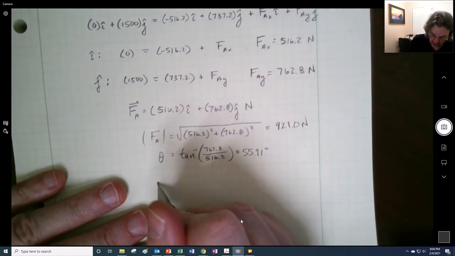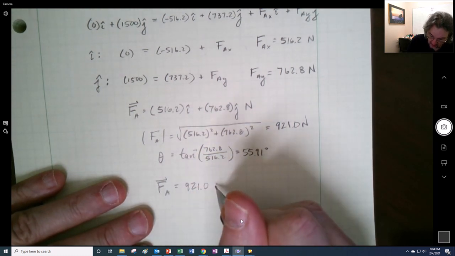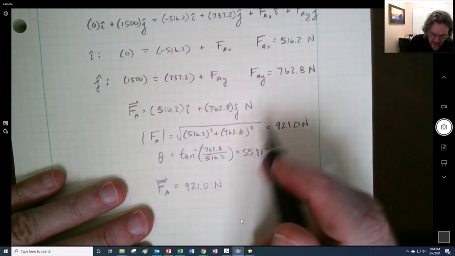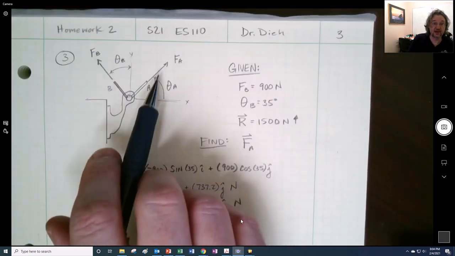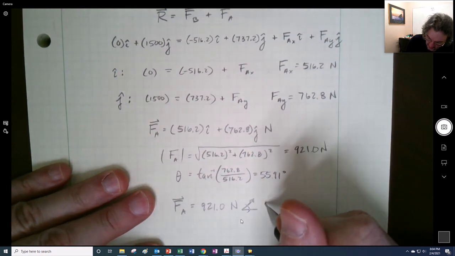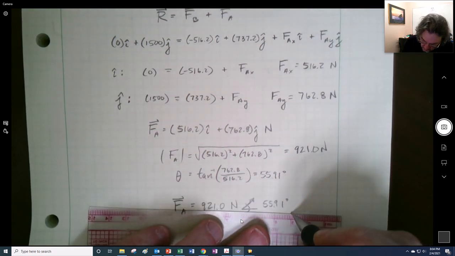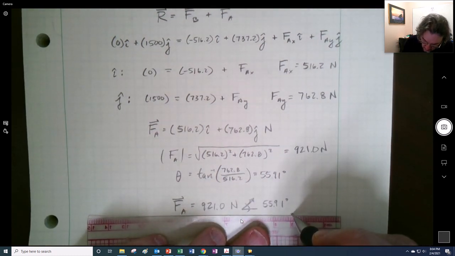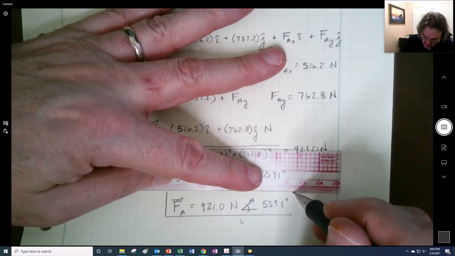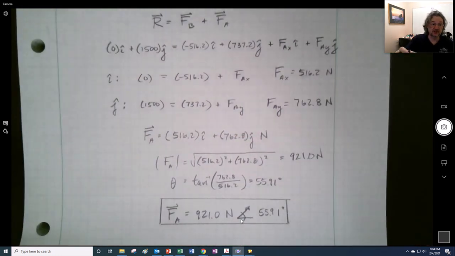So I could express FA as 921 newtons, and it looks like it's going to go up and to the right, which is what we had originally drawn. So we go up into this quadrant, 55.91 degrees. Nice and neat and complete.